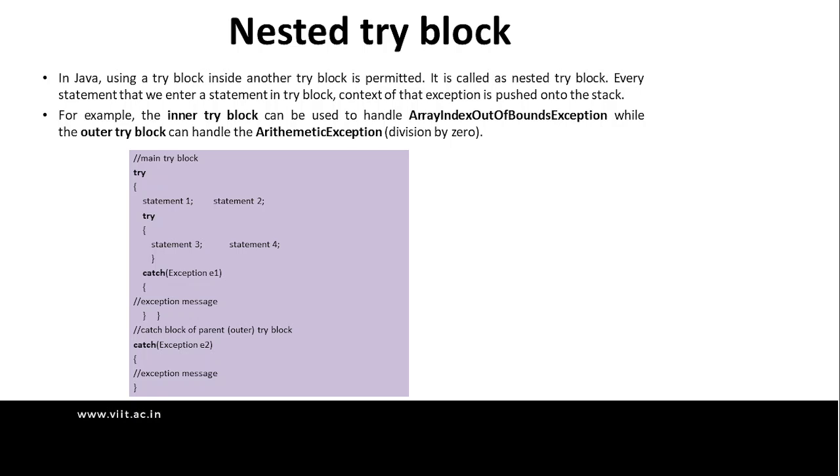For example, the inner try block can be used to handle array index out of bound exception, while in the outer try block we can handle the arithmetic exception, divided by 0. For example, try statement 1, statement 2, inner try statement 3, statement 4, catch exception E of inner try catch, then outer try catch exception 2 in this way.